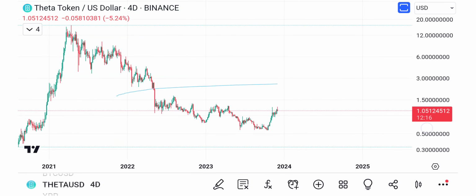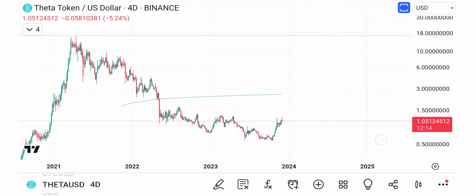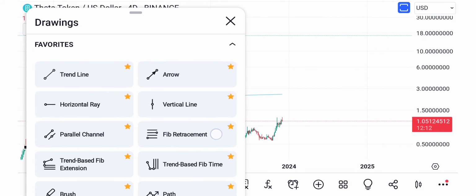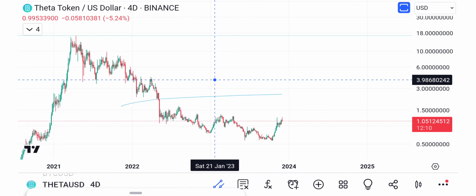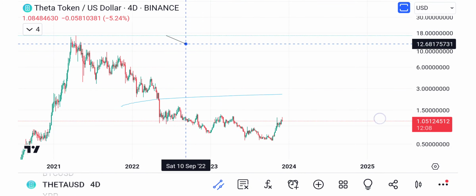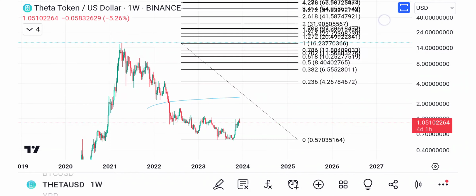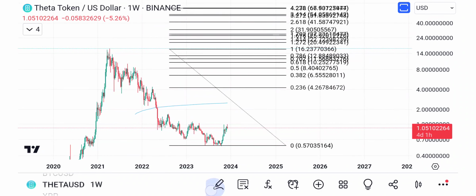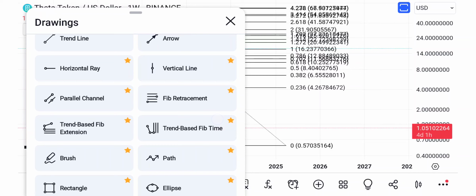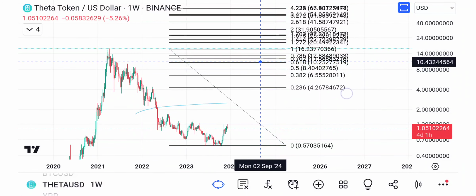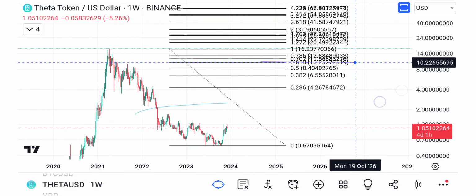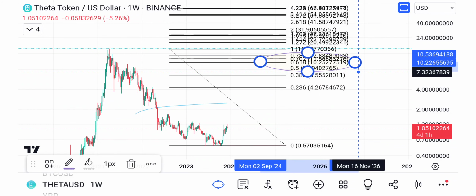But for me, right now, what's going to happen next? I think we have much more upside to go. Now, this is the 4-day chart, but looking at it from a weekly perspective, my targets are still the same, which is getting back up into the 618702 area, right up into here.